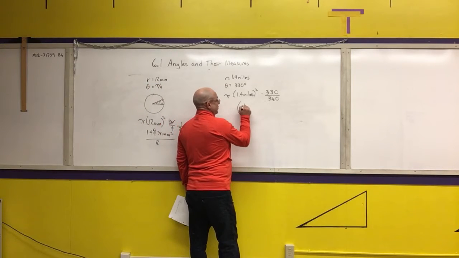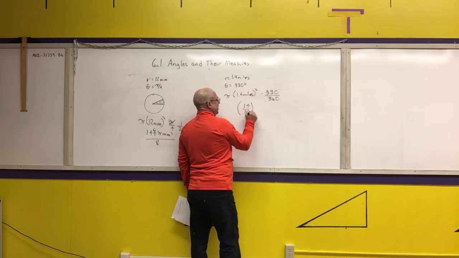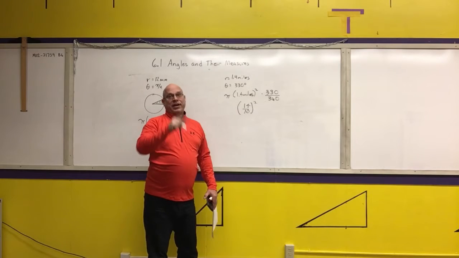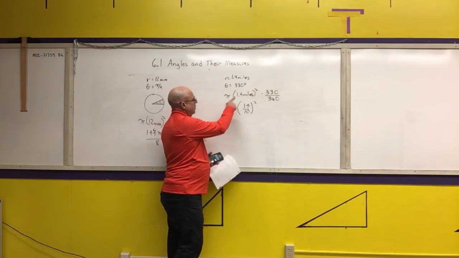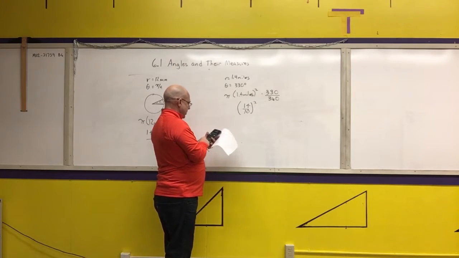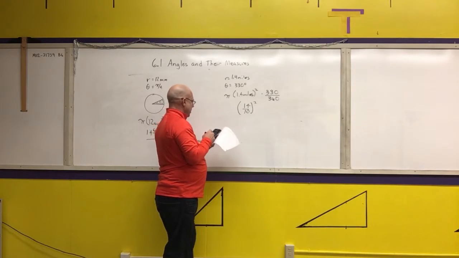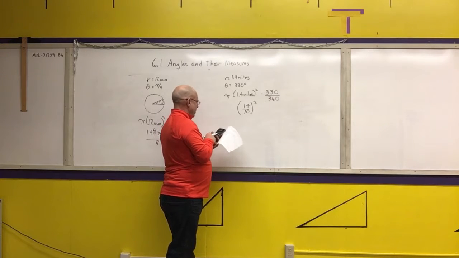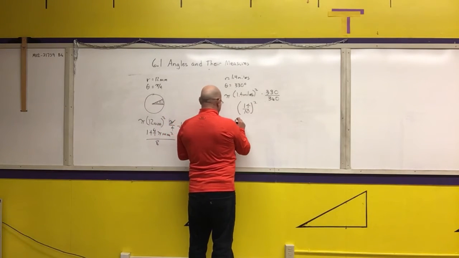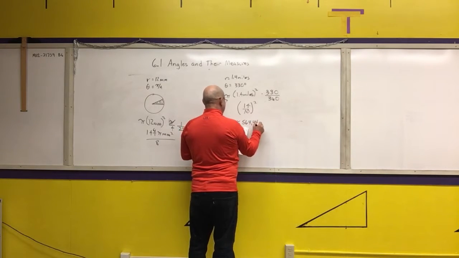I would rewrite this as 14 over 10 squared and try to come up with an exact answer. But we're going to use the calculator, so I have pi times 14 squared times 330 divided by 360. And get approximately 564.44 miles.